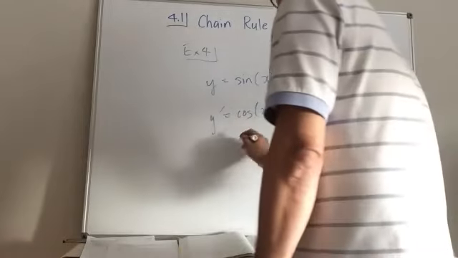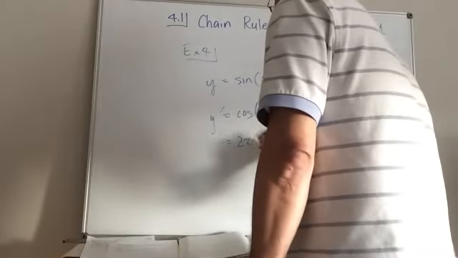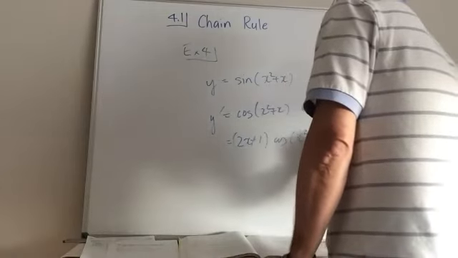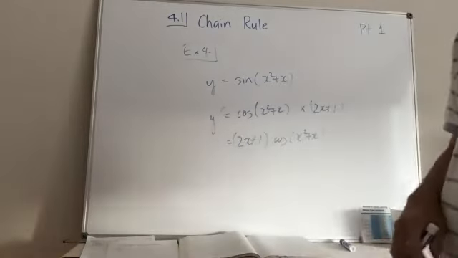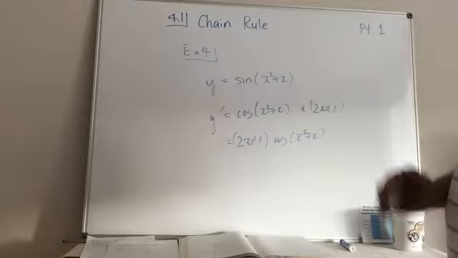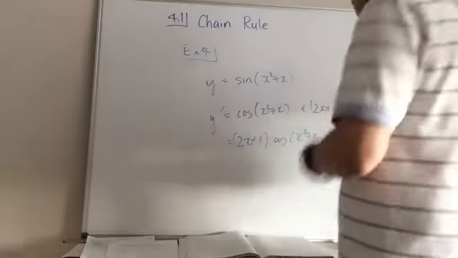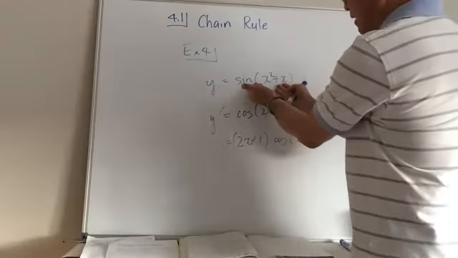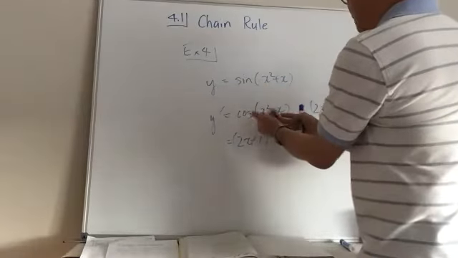So my end result is this. You take the outside derivative first, which is a sine, and then you take the derivative of the inside of it.